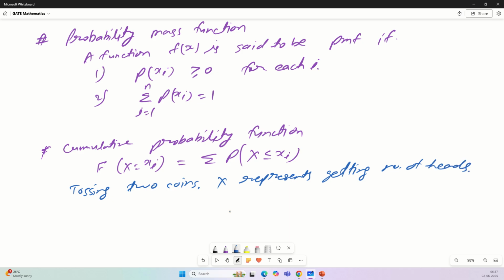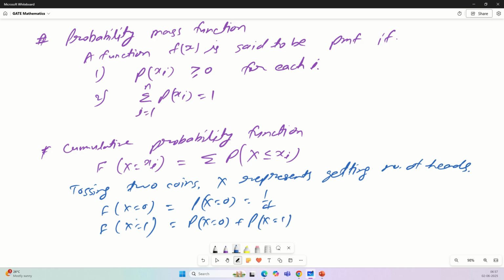Now if I tell you what is my F of x equal to 0, it means summation of all the probabilities up to getting head 0 number of times. So that is going to be P of x equal to 0, that is 1 by 4. If I tell you cumulative probability function of x equal to 1, that is going to give you P of x equal to 0 plus P of x equal to 1, like that. And it means you are going to get what?